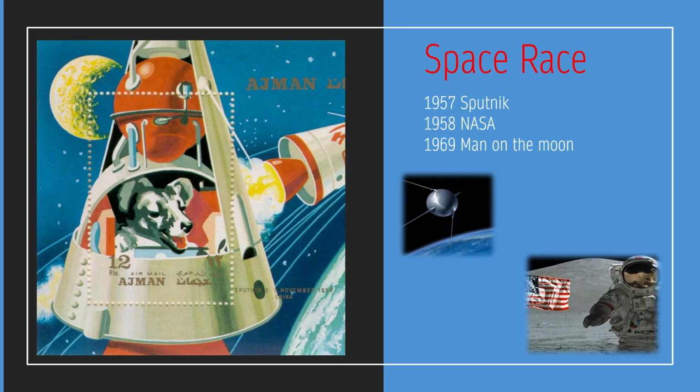I don't know where we are with NASA anymore. And we're going to put the first man on the moon in 1969. So technically, they did win the space race, but yeah, we are going to call it on the American side because we put a man on the moon.